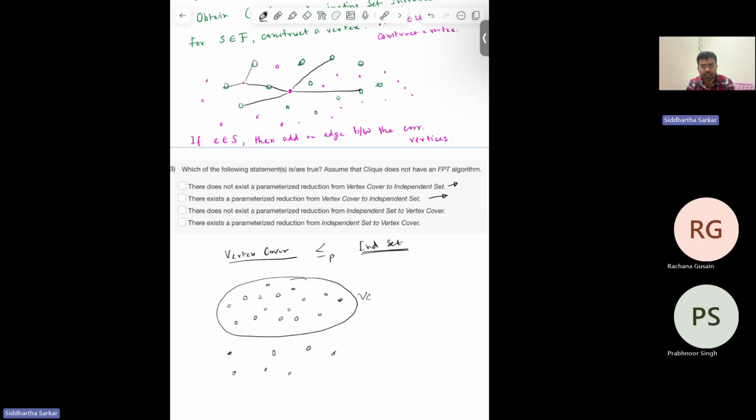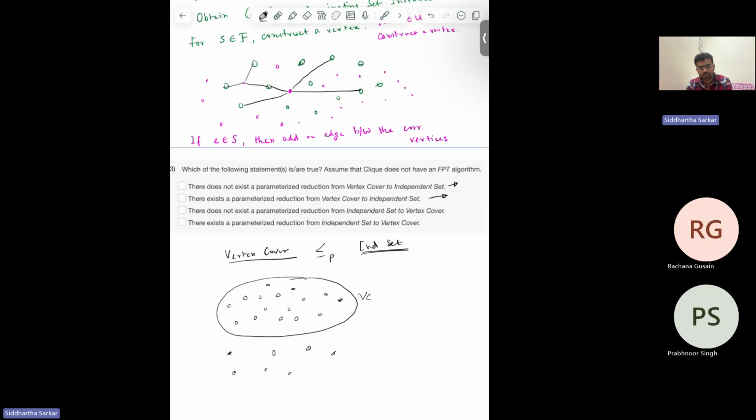So what do we mean by a parameterized reduction from vertex cover to independent set? The parameter for vertex cover is k, but the parameter for the independent set is becoming n minus k.